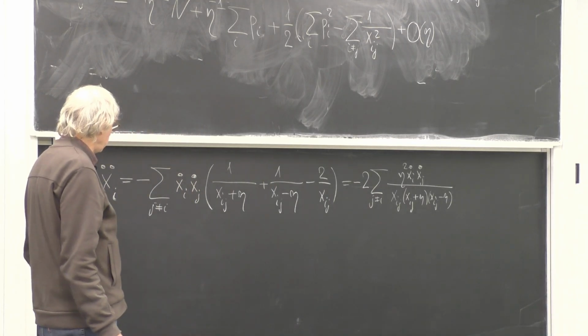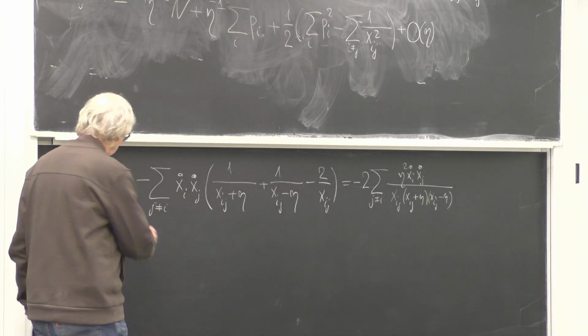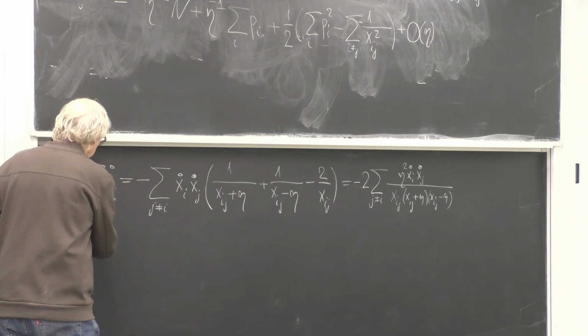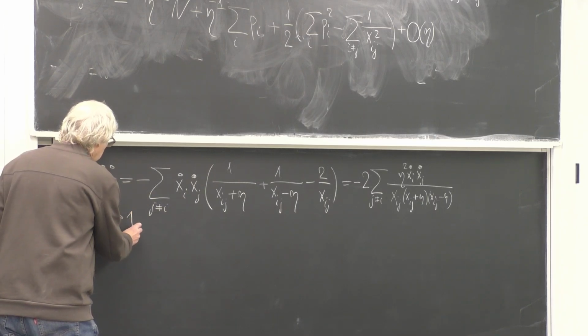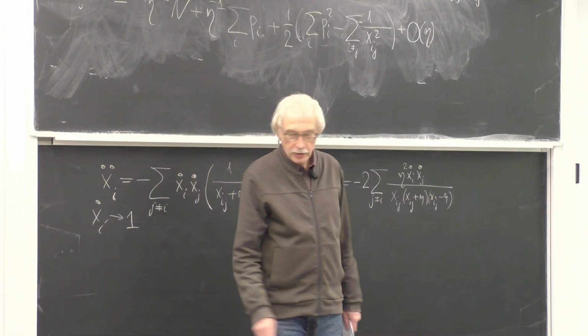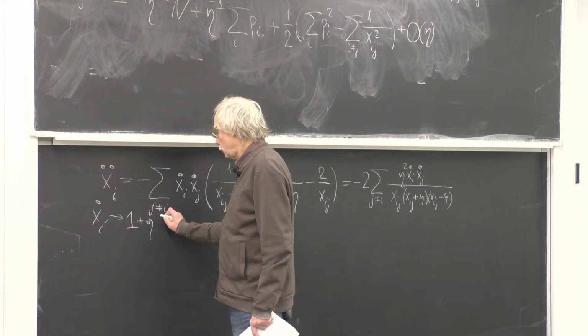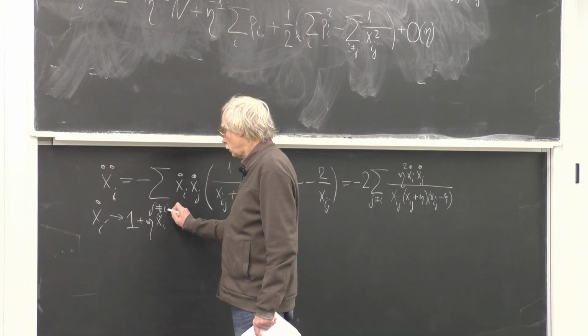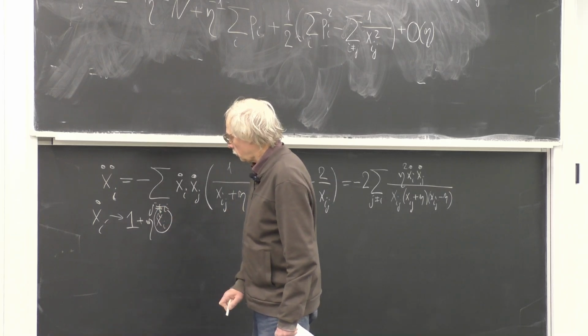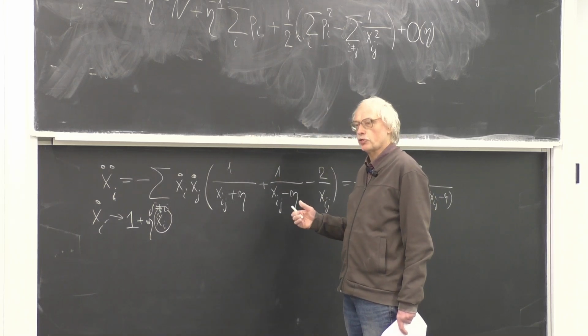In the limit when eta goes to 0, these velocities tend to 1 plus some correction, and these quantities become velocities of the Calogero-Moser model.